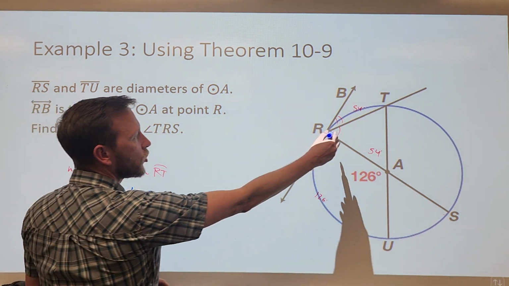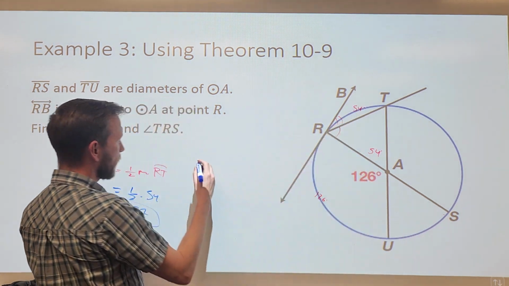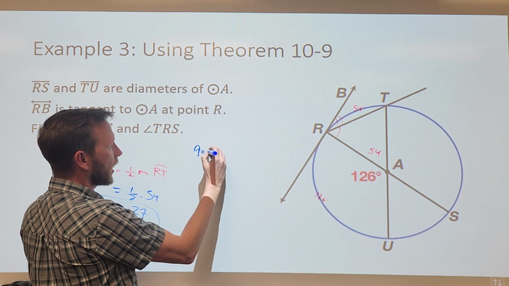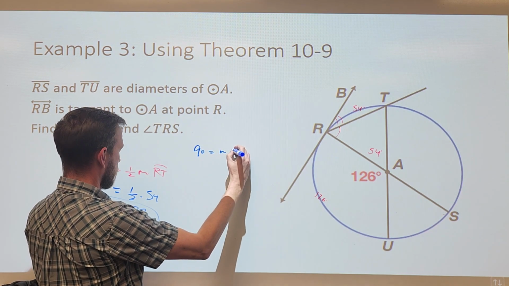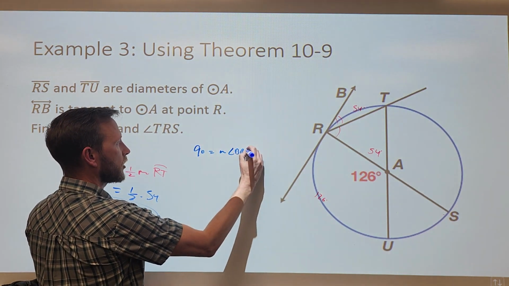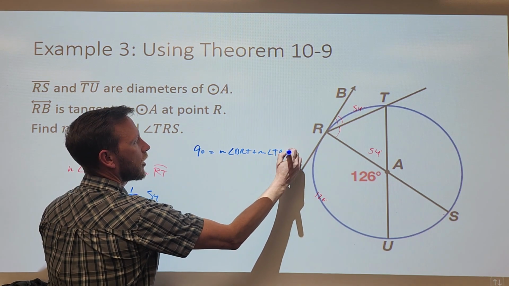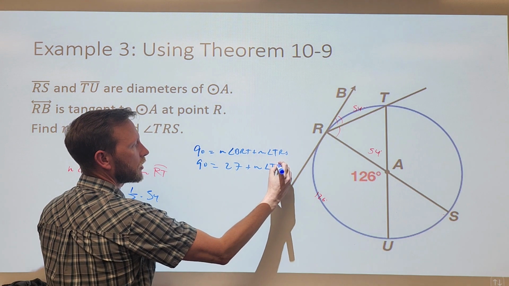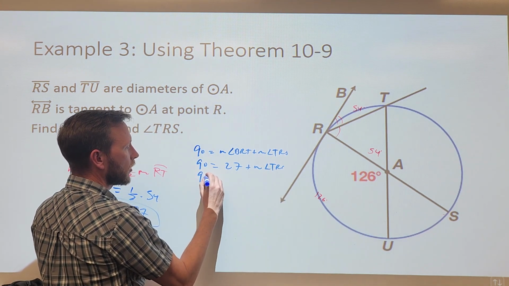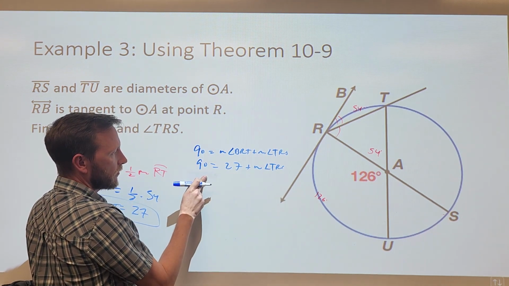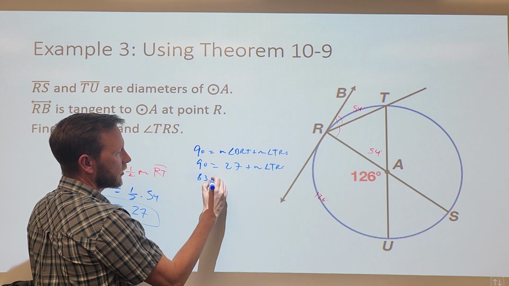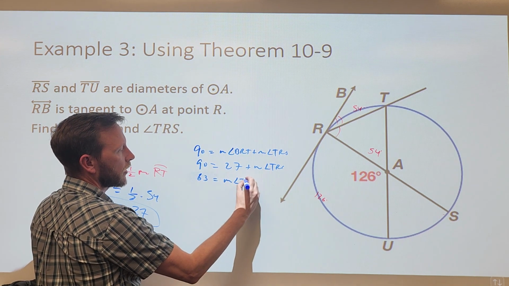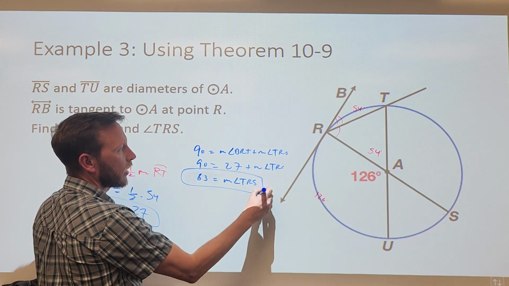And since these two angles are complementary, we know that 90 is equal to the measure of angle BRT plus the measure of angle TRS. So 90 is equal to 27 plus the measure of angle TRS. And so, subtract 27 from 90. That's going to give us 63 is equal to the measure of angle TRS.